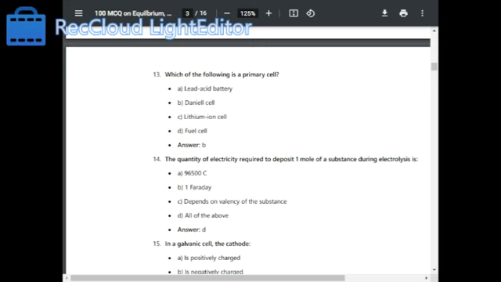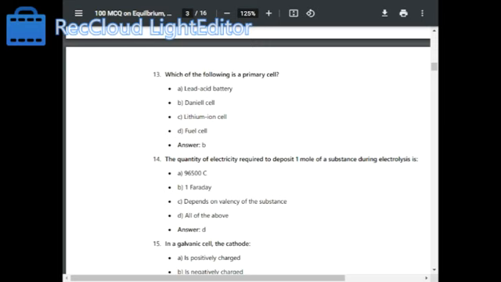Question number 14. The quantity of electricity required to deposit 1 mole of a substance during electrolysis is option A 96500 coulomb, option B 1 Faraday, option C depends on the valency of substance, D all the above.